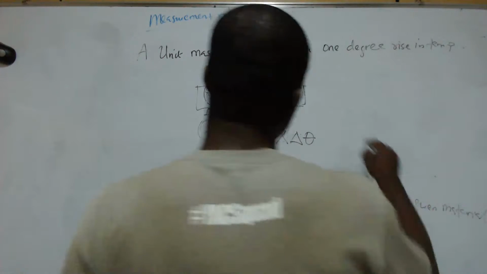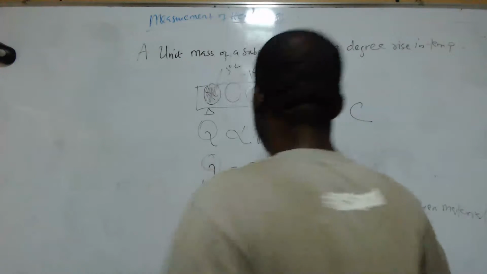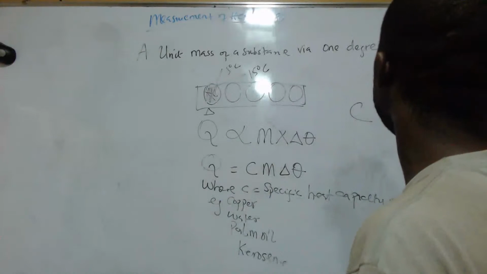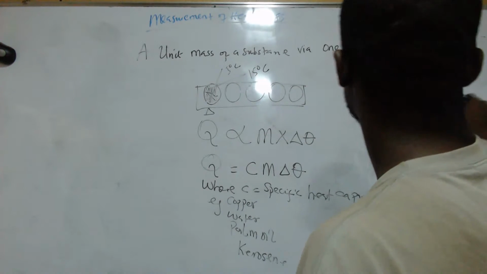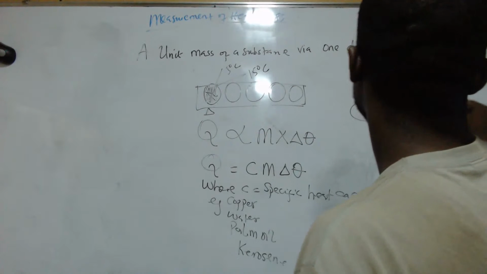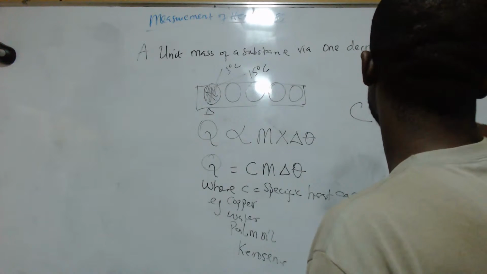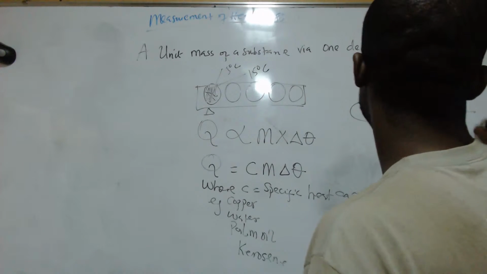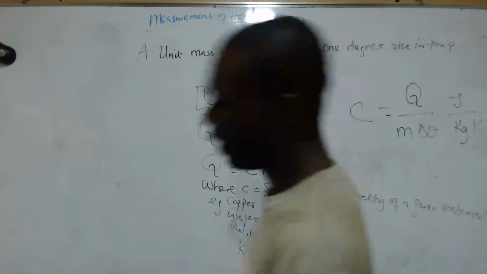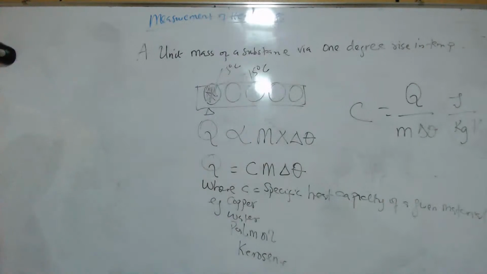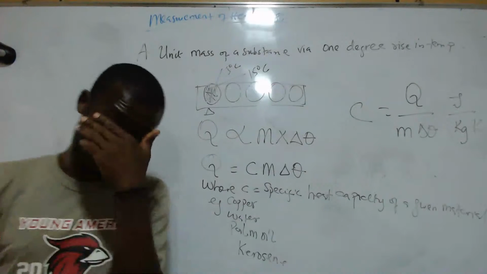So specific heat capacity from our relation is equal to Q all over mass times delta theta. Quantity of heat is in joules, mass is in kilograms, and theta is in Kelvin. So the specific heat capacity is measured in joules per kilogram per Kelvin.